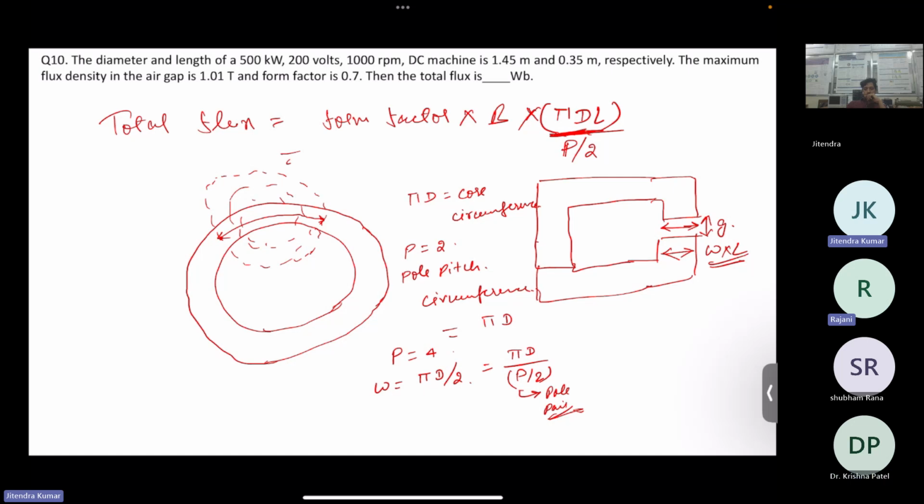Here the number of poles is not given, so you can take one pole pair, so P by 2 equal to 1. The answer is 1.127 Webers.